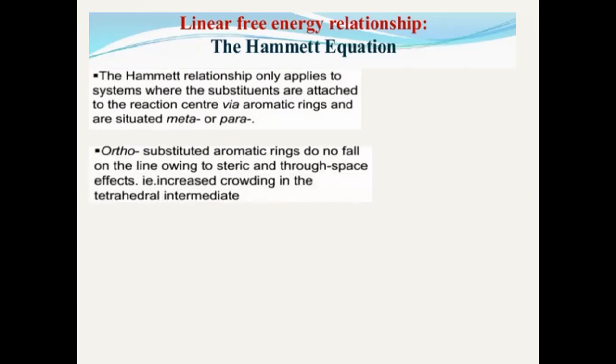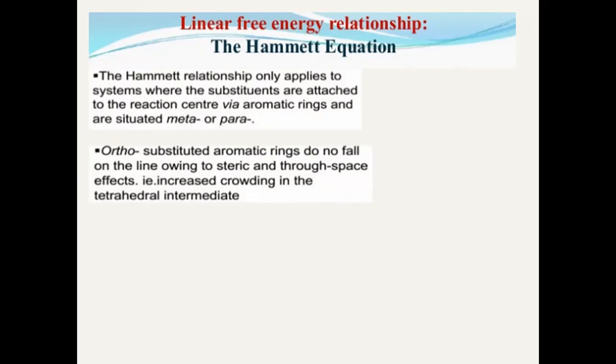So the Hammett relationship only applies to systems in which substituents are attached to the aromatic ring. It is very limited. Hammett studies are limited to only the aromatic ring, number one, and two positions, meta and para. These two points must be remembered. That's very simple.